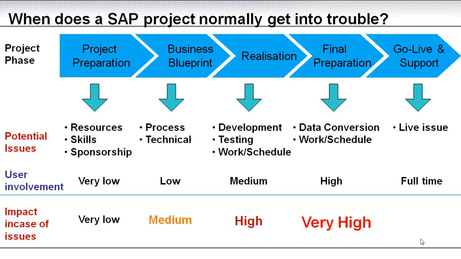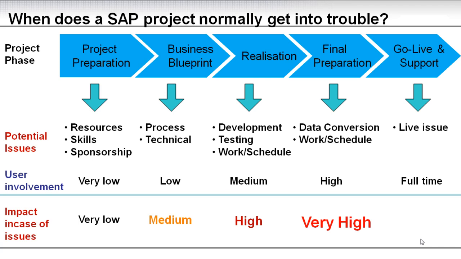Then later on, it's project related, technical related. As we start testing and developing, we might get in trouble with not being able to stick with the schedule or the issues arising from these activities. Then it's data conversion, and we then go live and are facing real user issues.